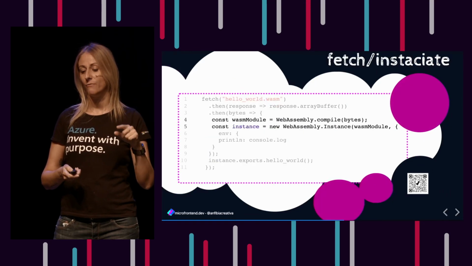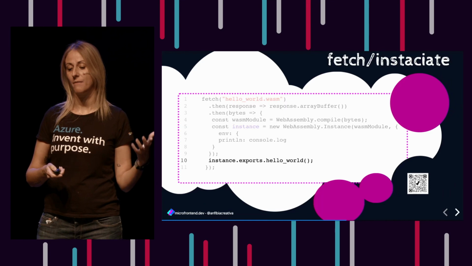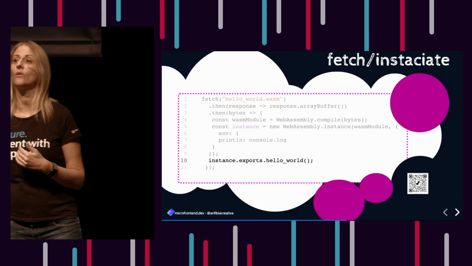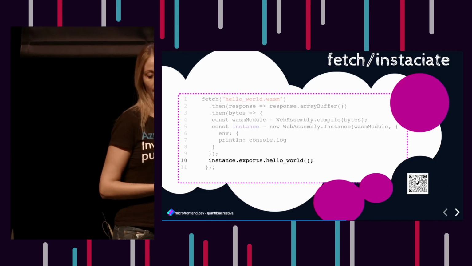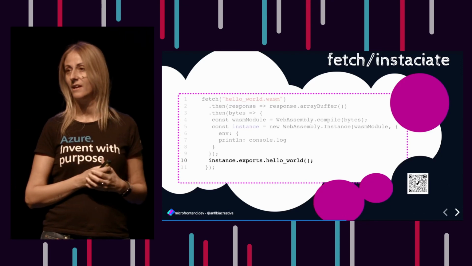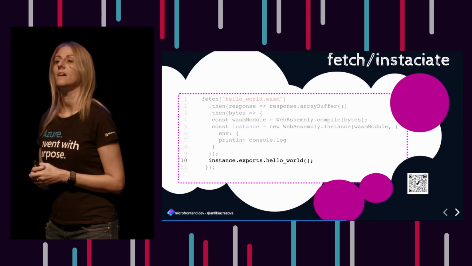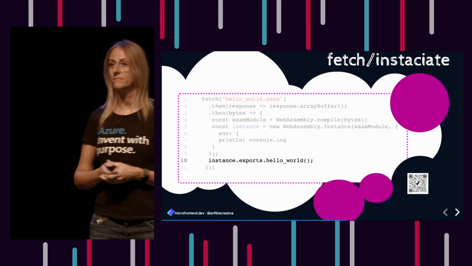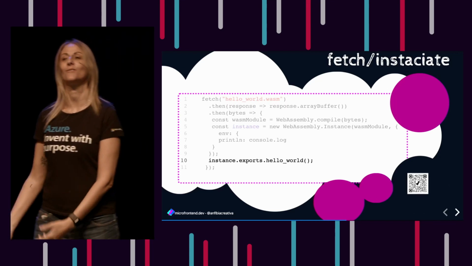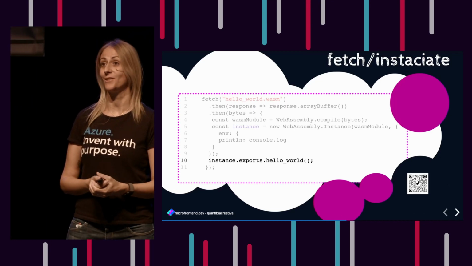And that will allow us to use the print line function mapped to the JavaScript console log as a binding. And that's it. We export the hello world over here, and then we can use it directly in our JavaScript. That's not as straightforward as it looks, obviously, but you can try it.